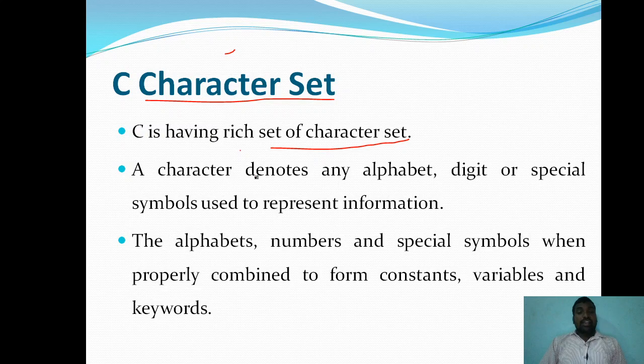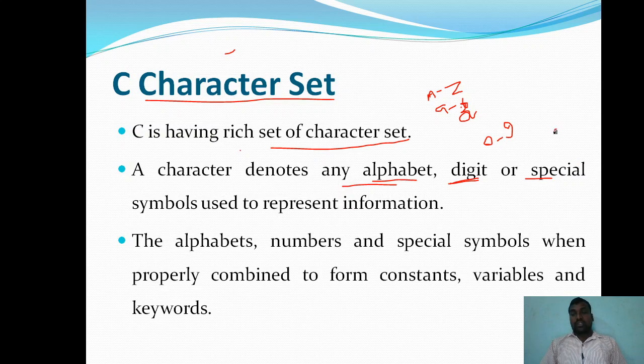Now a character denotes any alphabet, digit or special symbol used to represent some information. An individual character may be an alphabet, meaning capital A to Z or small a to z. It may be a digit, and digits are 0 to 9.